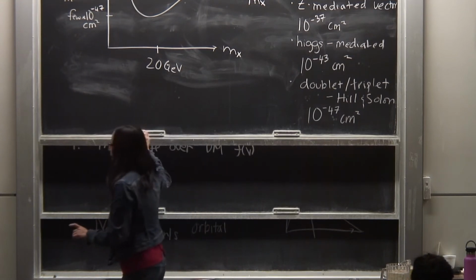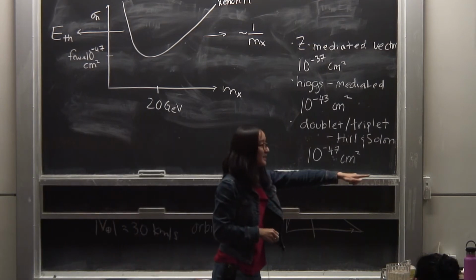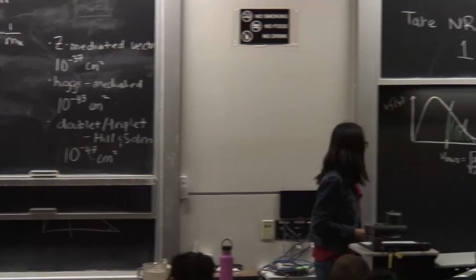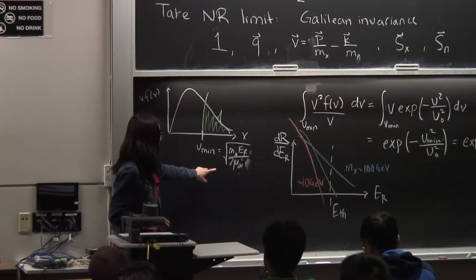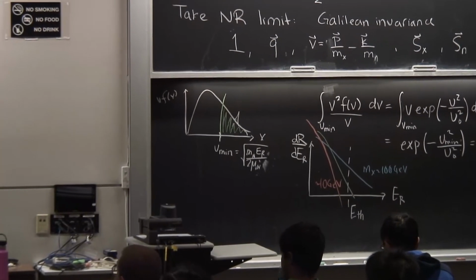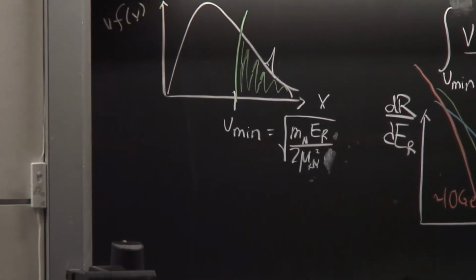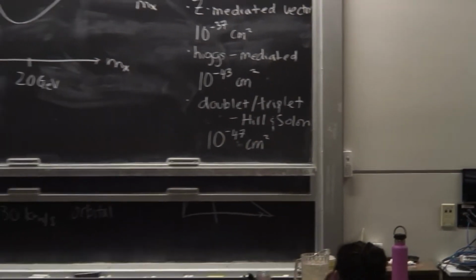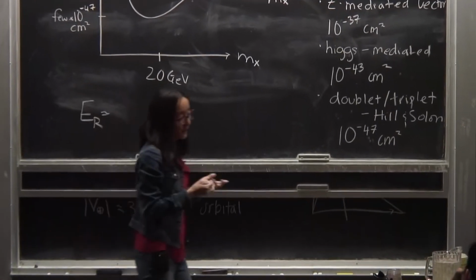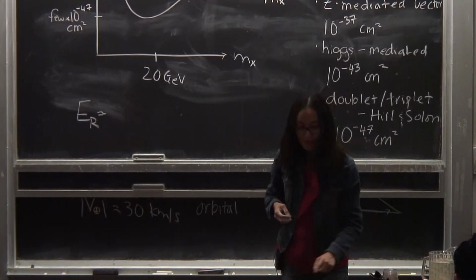So I've presented the nuclear recoil, and we've seen that it's not ideal for low mass dark matter because of this drop-off. The maximum nuclear recoil energy, for a given velocity, drops very fast when I have a light dark matter candidate.